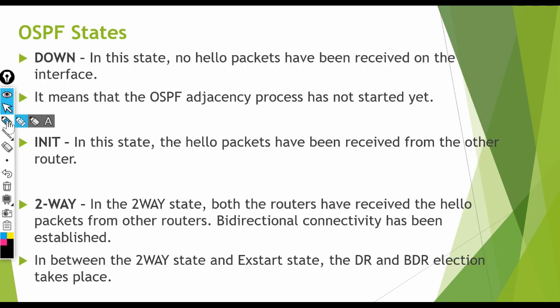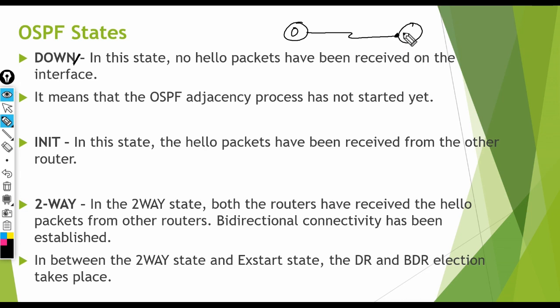See the down state. Let's say you have two different routers, and of course you have configured OSPF here and here. Normally when you configure OSPF on both sides, they will form the neighbor relationship immediately. But the point is, you have configured OSPF on one side, and on the other side the interface is down, or maybe OSPF is not configured.